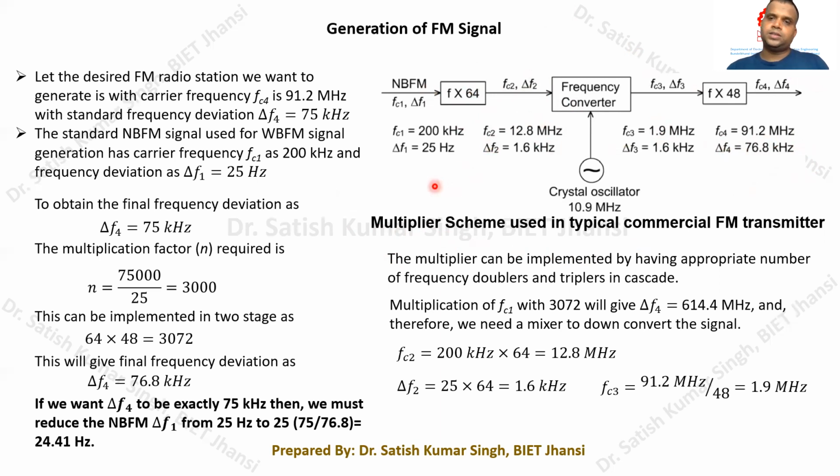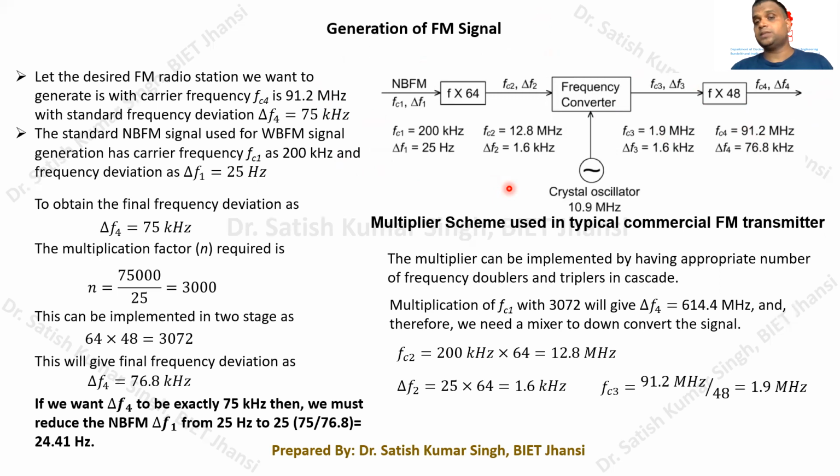This is the commercial FM transmitter that I have explained, but generally in numerical problems these specifications can be changed. Whenever a problem comes in the examinations, you need to concentrate on the given details.